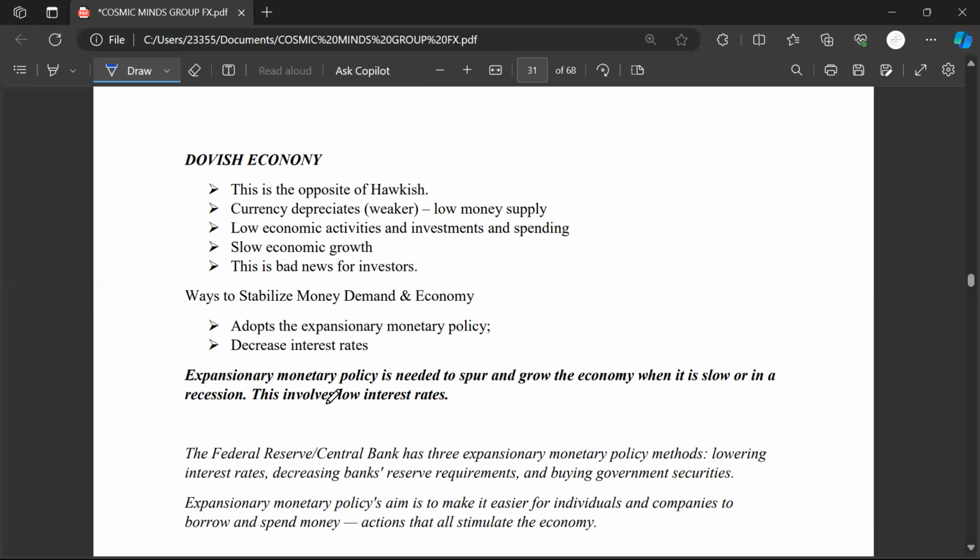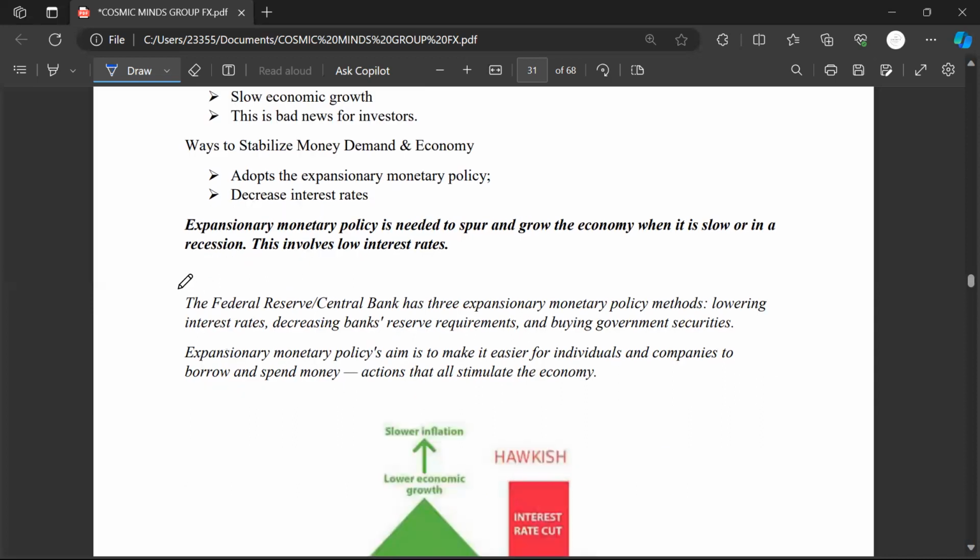So that is it. Now let's look at what is actually done by the Federal Reserve. I think I've already explained it. The Federal Reserve or the central bank has three expansionary monetary policy methods, right? This is what is done under the expansionary monetary policy, like we looked at in the contractionary one.